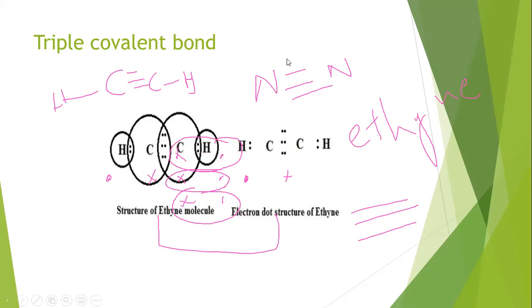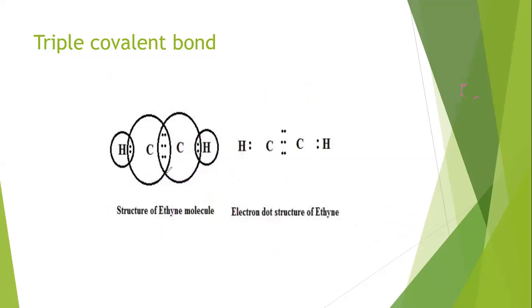Here you can see the proper electronic structure between the ethyne atoms. 3 bond pairs are shared between these two carbon atoms, and 1 bond pair is shared between this hydrogen and this carbon, and this hydrogen and this carbon. So in this way, 2 single covalent bonds and 1 triple covalent bond is formed in the structure of ethyne.